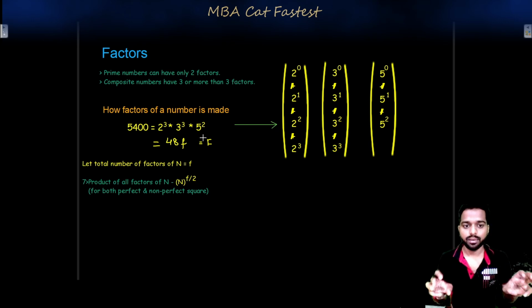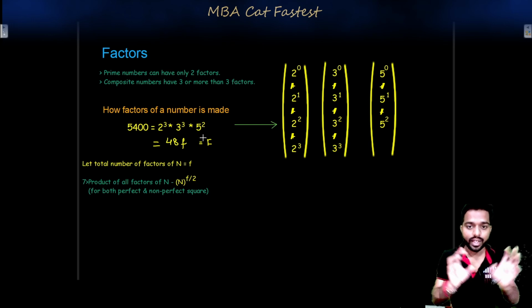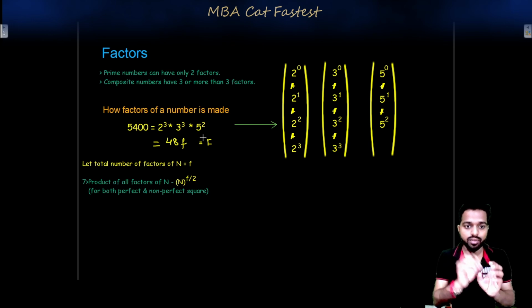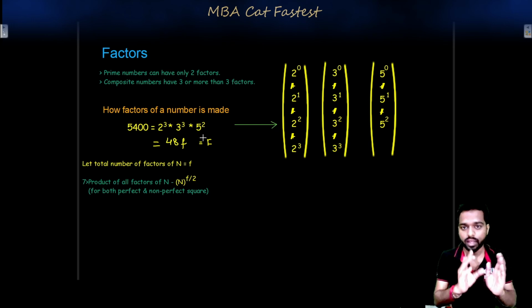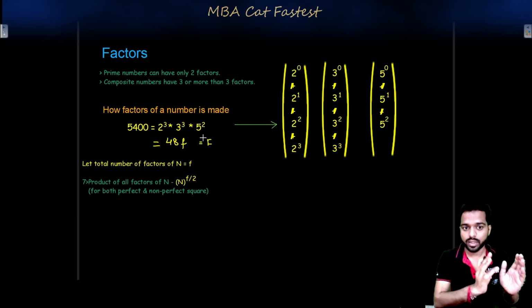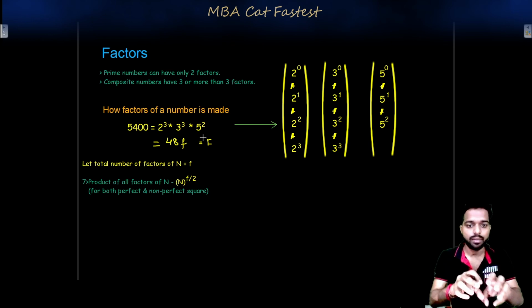Basically, these 48 factors are such that the product of two numbers, when you multiply them, will give 5400, right? So there are 48 numbers, which means there are 24 pairs, of which when you multiply the two numbers it will give the product 5400. And you need to find the product of all such numbers. So definitely there are 24 pairs which you will get as 5400, and the product of those numbers you need to find.